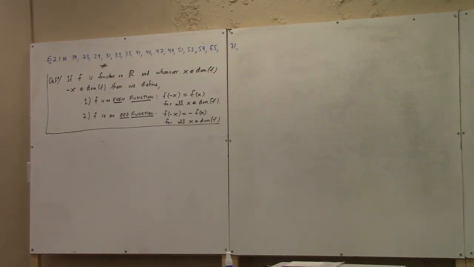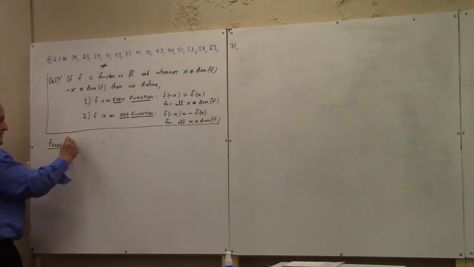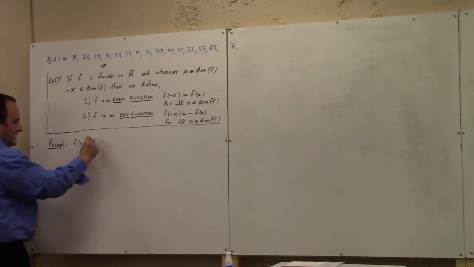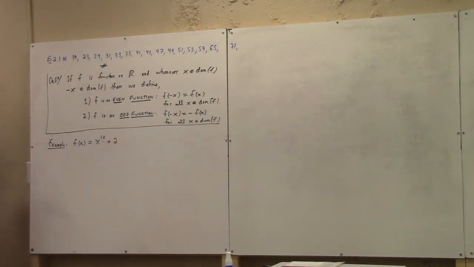And so I gave you a couple of examples, right? So we could let f of x equal, say, x to the 10th plus 2, something like that. And we could notice that the domain is what? What's our custom? If we use a formula, we say it's the biggest domain possible, right?